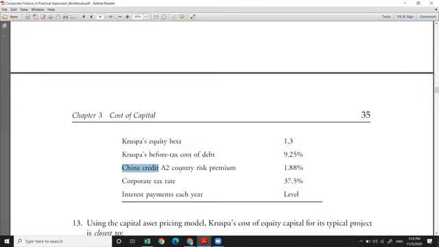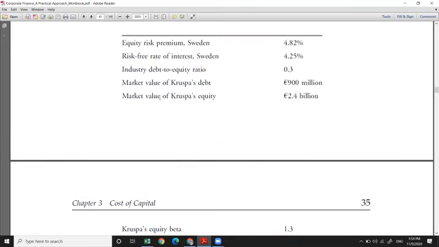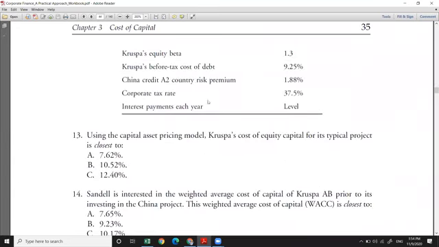We don't consider the country risk premium; we are just using the CAPM. And the equity risk premium is here. It's directly given, so you don't have to calculate or do any subtraction. You just substitute into the CAPM model.